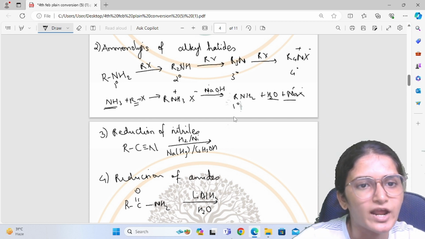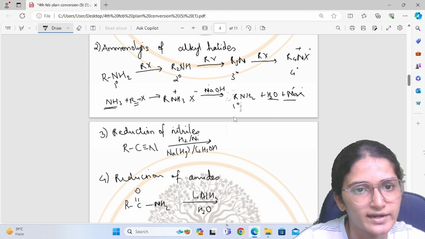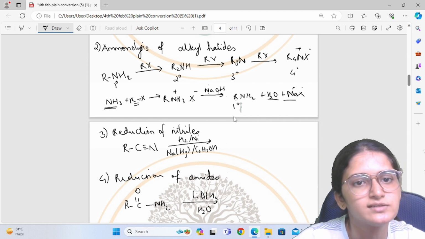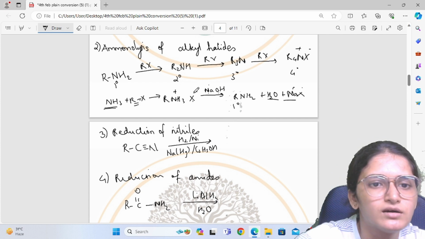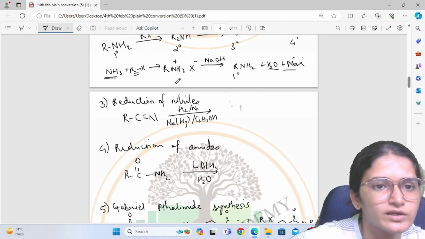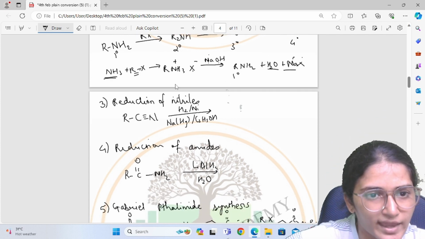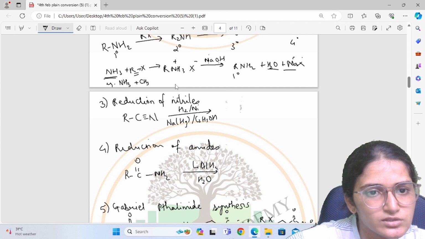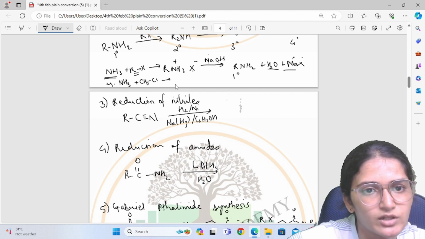Then that primary amine, when you again react with RX, the alkyl halide, you get the secondary amine. Let us take one example. If I take NH3 plus CH3Cl, I will get the salt, which I will not consider, so I will take the primary one directly. In presence of NaOH, I will get CH3NH2.